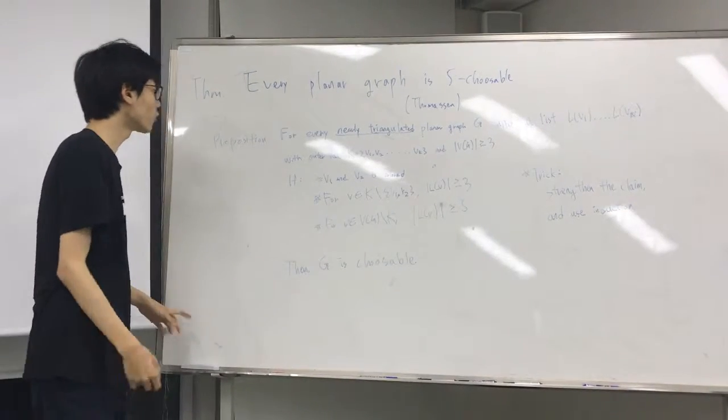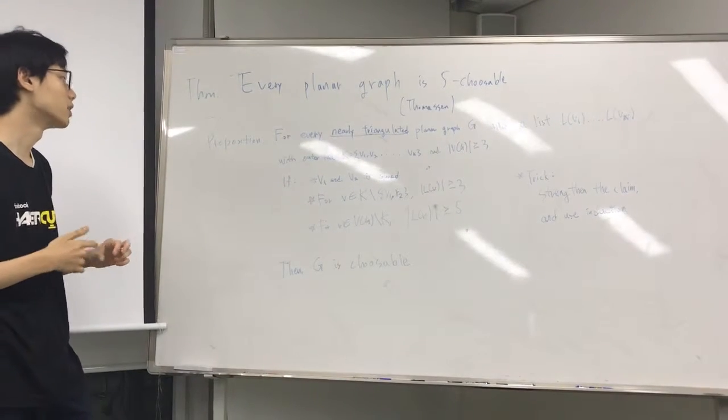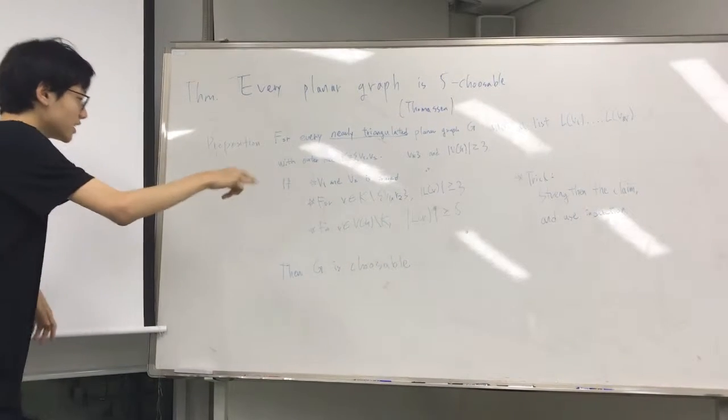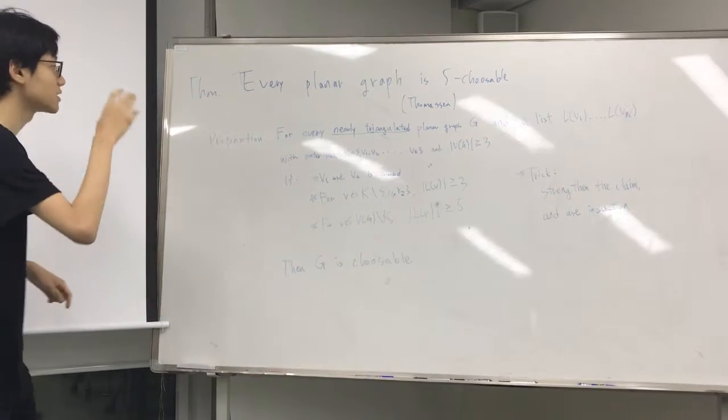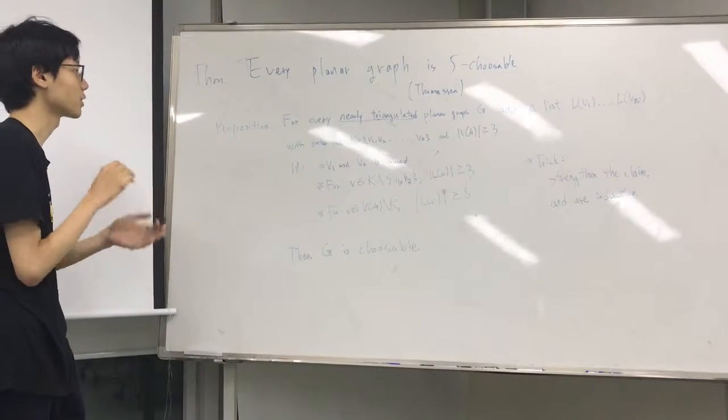For convenience, we will assume that the planar graph G is nearly triangulated. By saying nearly triangulated, it means that every inner face of the planar graph is a triangle. It doesn't care about the outer face, but it cares about the inner face.